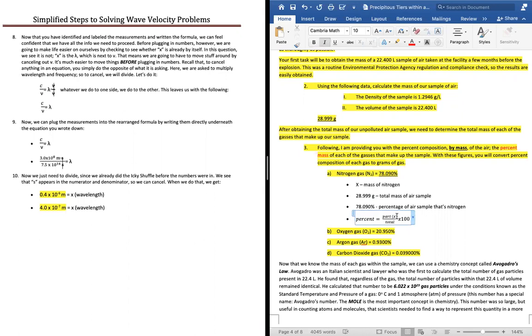Again, I'm all about questions and thought processes that are universal, that I can apply over and over again. So this is another one of these. What I realized over time is that I ended up asking myself the same question every time I would do a math equation: how do I get X by itself? And the answer is always the same. It doesn't matter what equation you're doing.